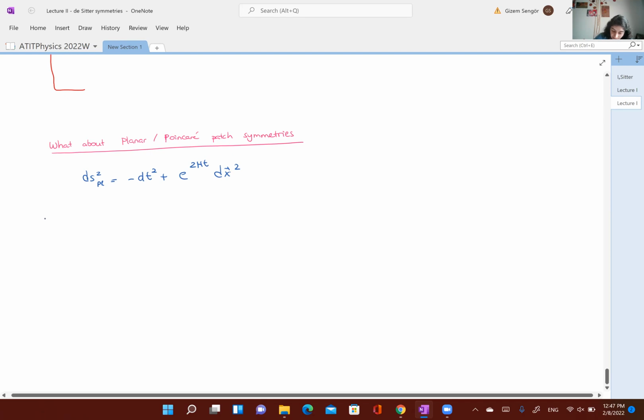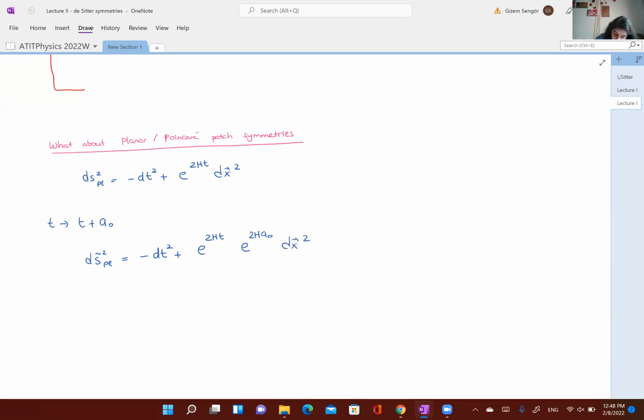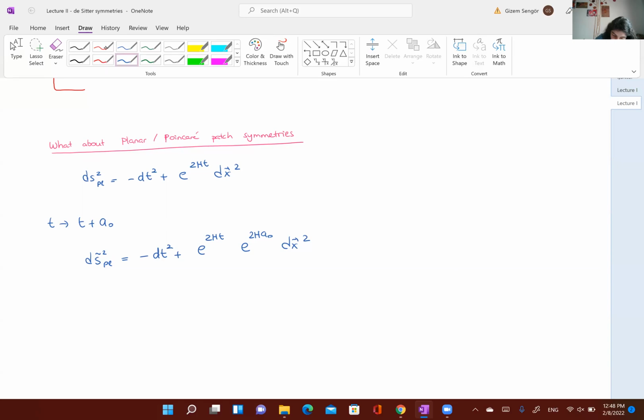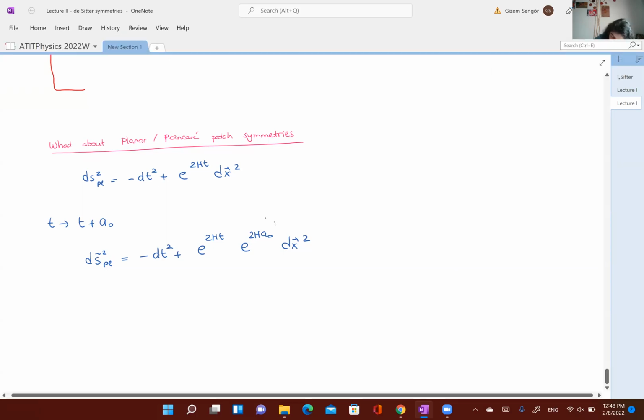Now let's see what happens if you do a time translation. If you send t to t plus a0, this makes the metric come with this extra piece.